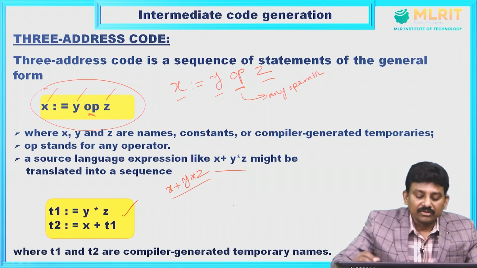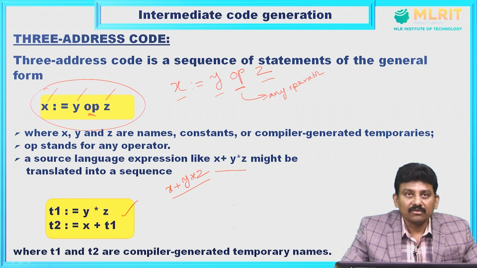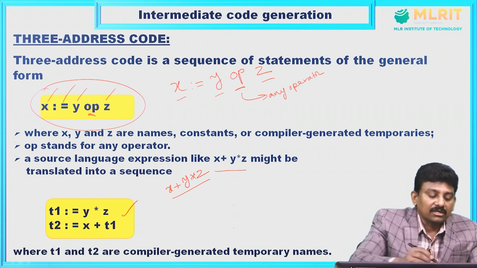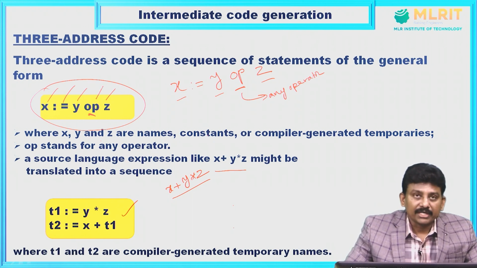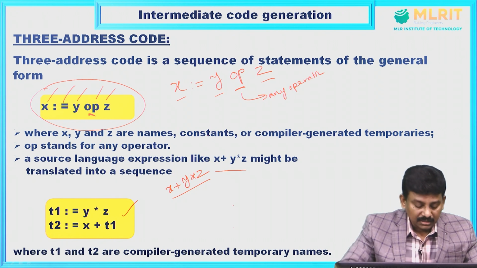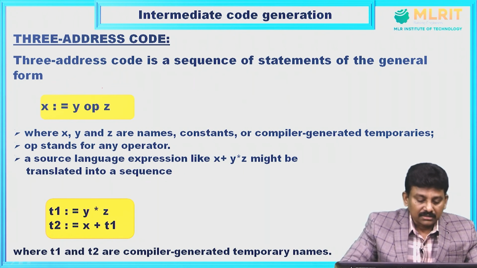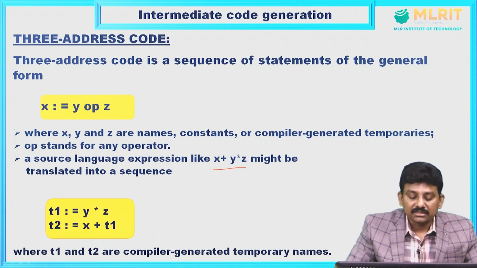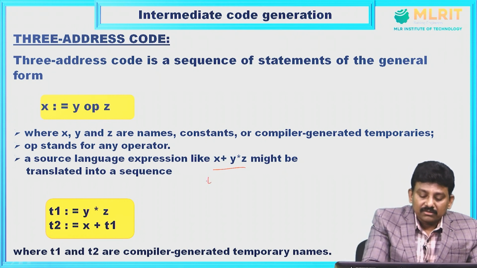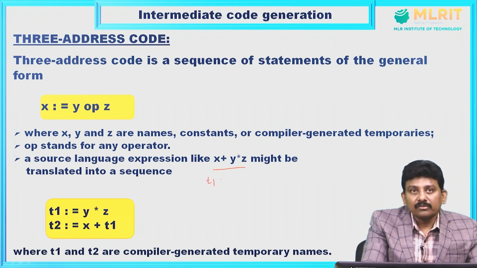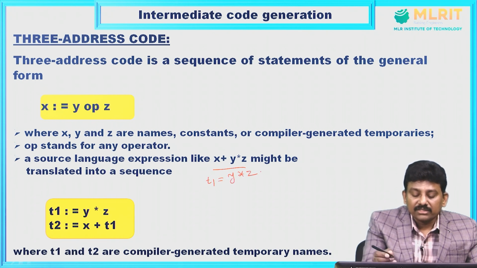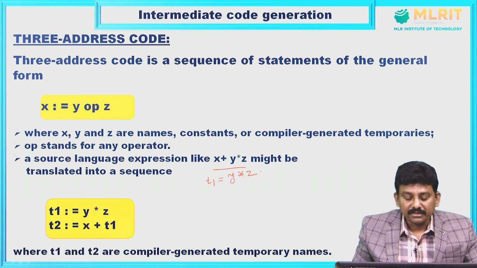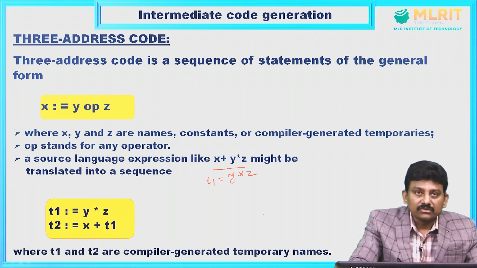Here in this given expression, X plus Y star Z has 2 operators, plus and star, but after the equal to operator, we have only one operator and 2 operands. The operator will be applied on 2 operands. So the 3 address statements for X plus Y star Z will be: first a temporary variable is created by the compiler, T1 = Y star Z. Y star Z will be multiplied and assigned to T1.